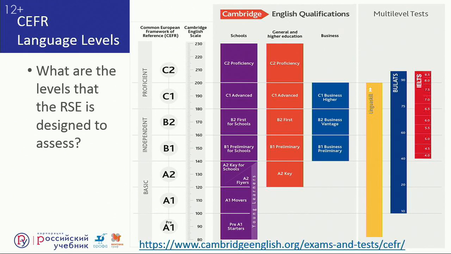Tell me, what are the levels that we assess in the Russian state exam, the exam that is taken at the end of the 11th grade? B2, says Anastasia. Anastasia says B2.